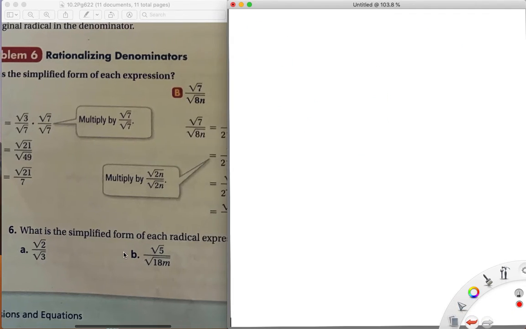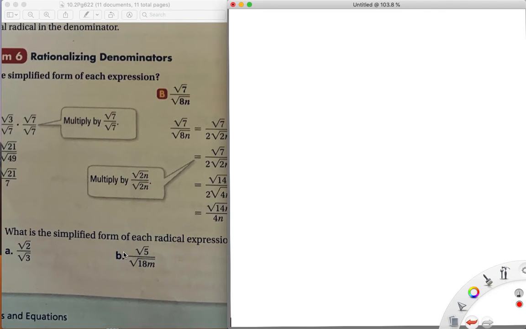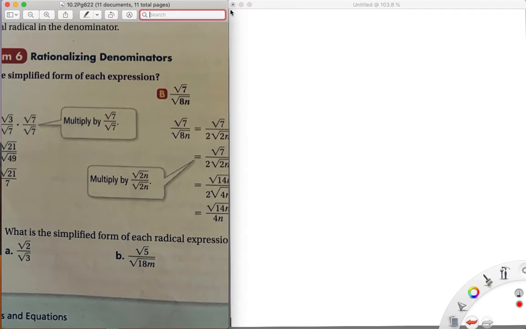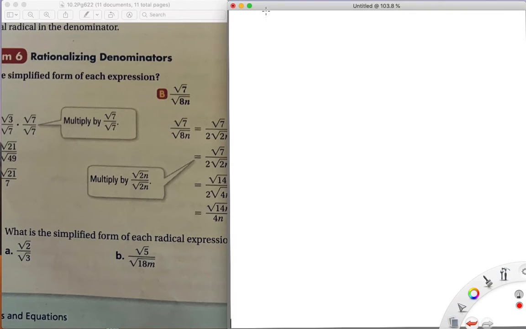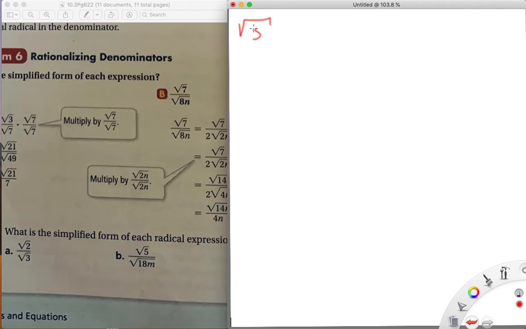For b, same thing. Square root of 5 over the square root of 18m.